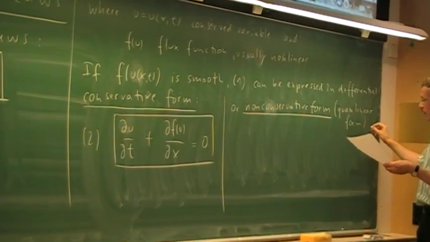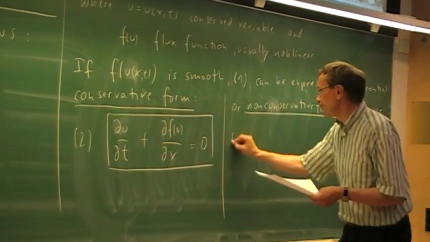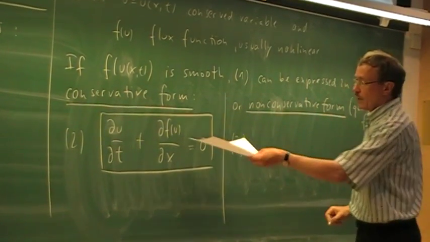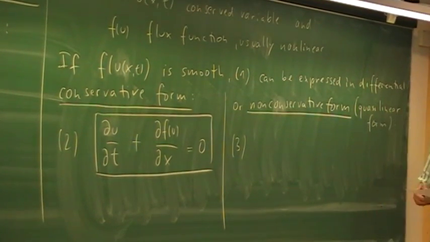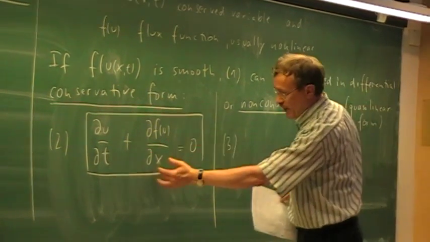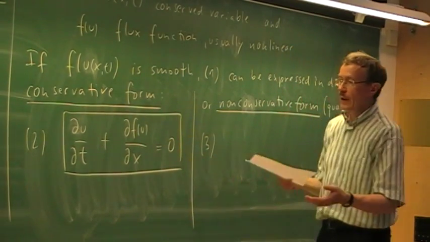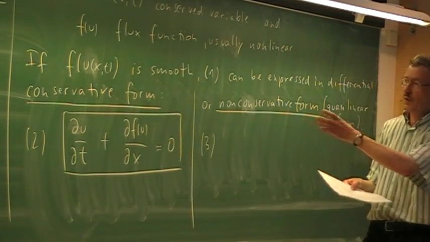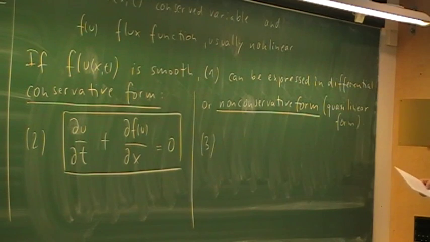And that is the following. There is 3. So here in the conservative form we have really a clear space derivative of the flux, and this is what we understand as conservative. It's coming directly from the integral form.